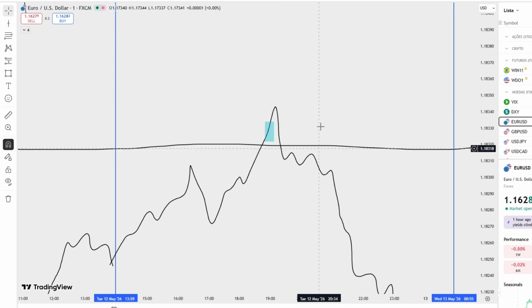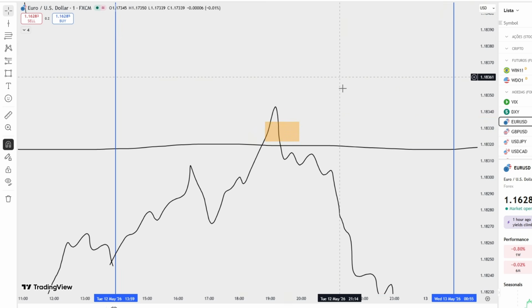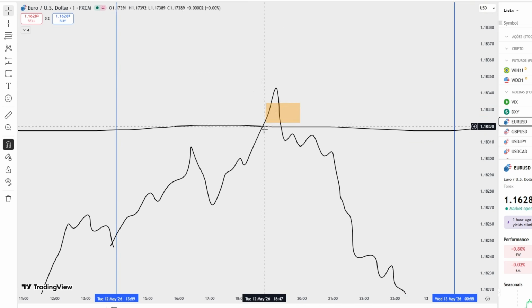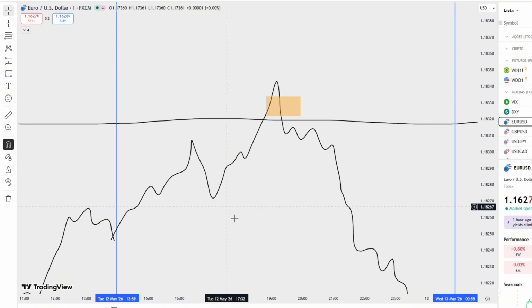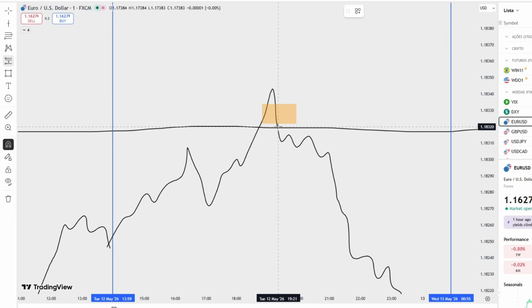You have a fair value gap right here, and then you're going to look for this fair value gap to be reversed and become an IFG. As soon as this IFG has been taken, and the candle closes with the body below the IFG, in this case because we're looking for shorts, if you look for longs it's the opposite, if the candle closes below right here, you're going to take your short right here.